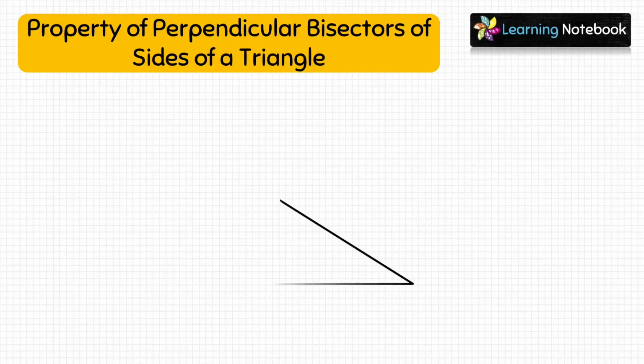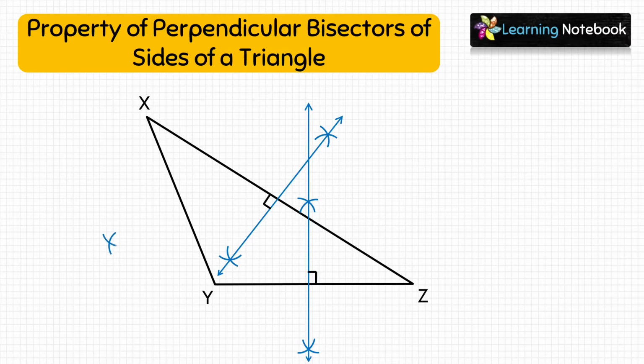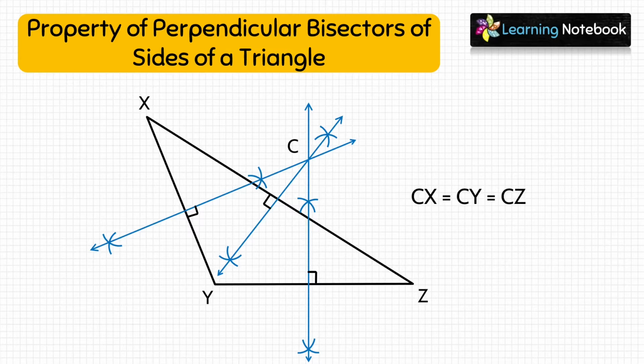Now, let's draw an obtuse angle triangle XYZ. Then, draw the perpendicular bisectors of each side. Here, you will notice that the perpendicular bisectors of the sides are concurrent and let's name their point of concurrence as C. We will measure the distance between C and the vertices of the triangle using a ruler.